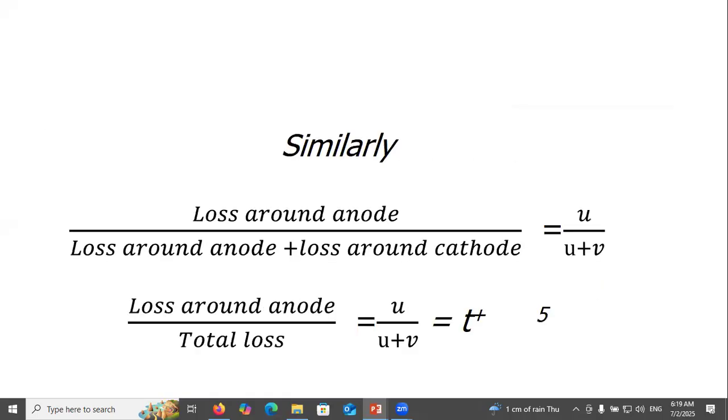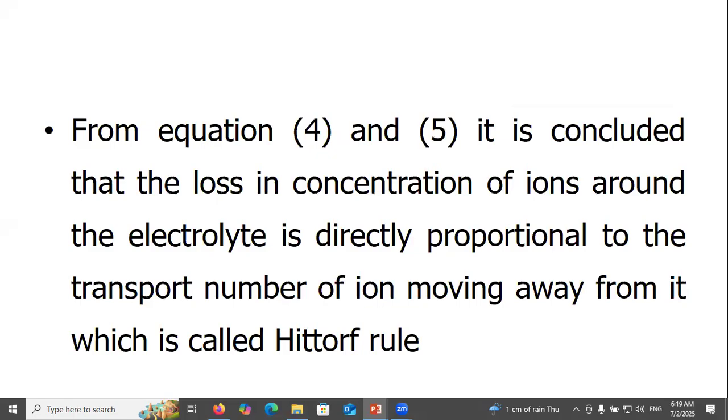Similarly, loss around the anode over total loss equals U over (U + V), equal to T+, equation 5. From equations 4 and 5, it is concluded that loss in concentration of ions around the electrode is directly proportional to the transport number of the ions moving away from it, which is called Hittorf's rule.